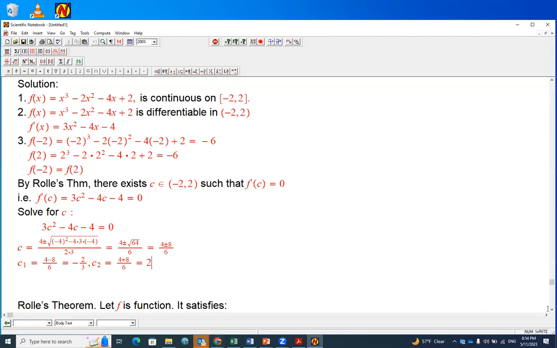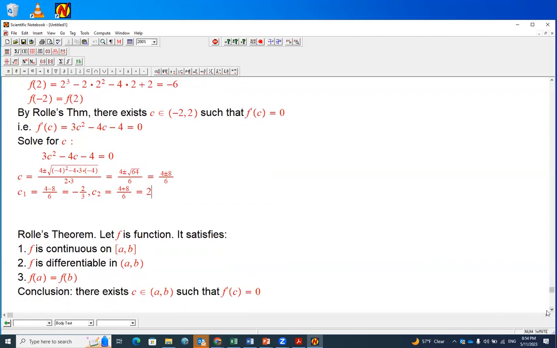Now let's look at the statement in the theorem. The c we're looking for is in the open interval, not at the endpoints. The interval doesn't include the endpoints. So even though we found another c, that's 2, we really just have 1 c.